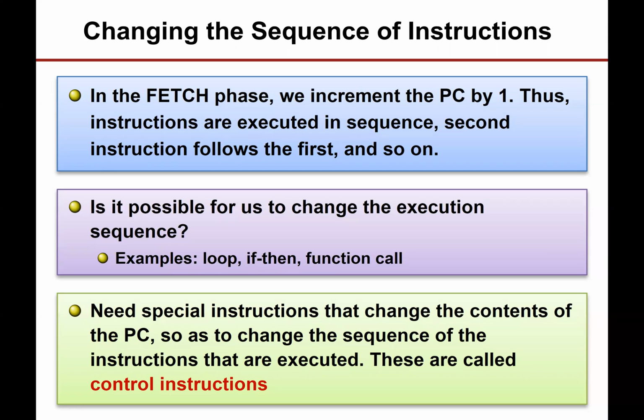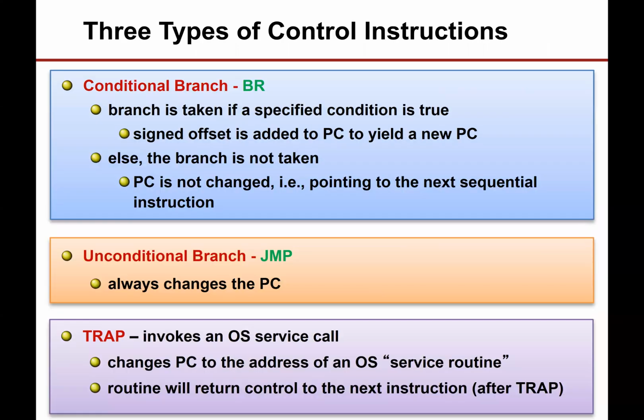These instructions are called control instructions. We have 3 types of control instructions. One is called conditional branch. If some condition is satisfied, then one branch is taken.